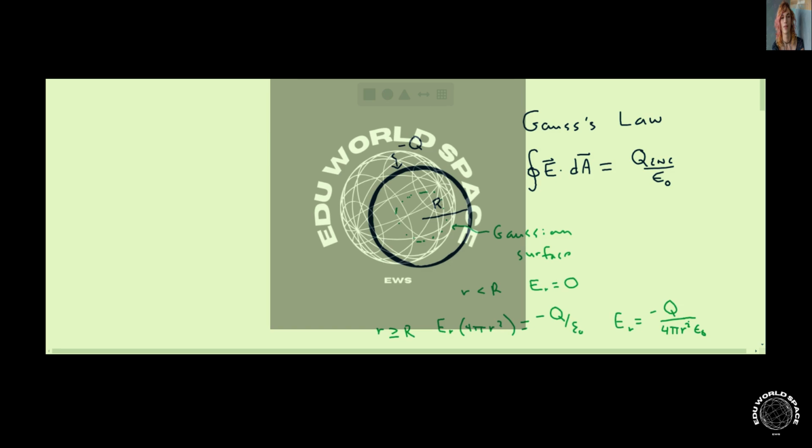So what can happen is if you put a little positive test charge outside versus inside, and here we're going to use F equals q times E. On the inside of the sphere, the force on the charge, since there's no electric field, is zero.